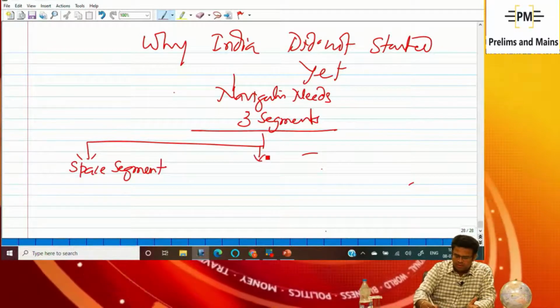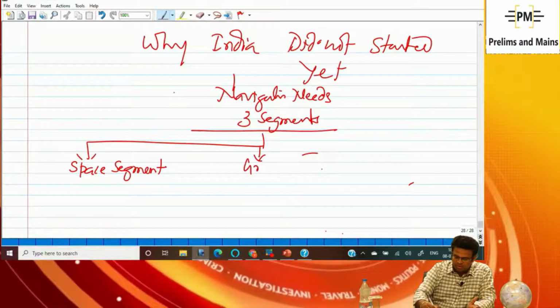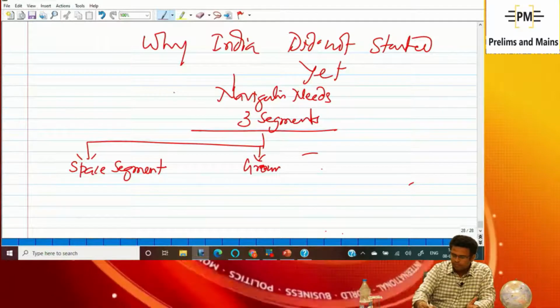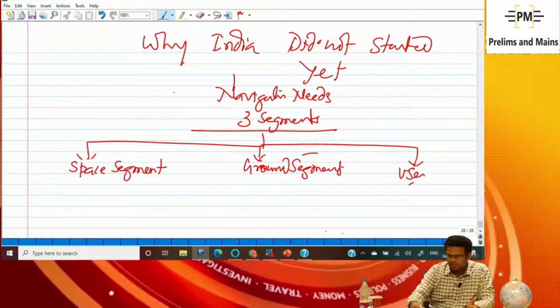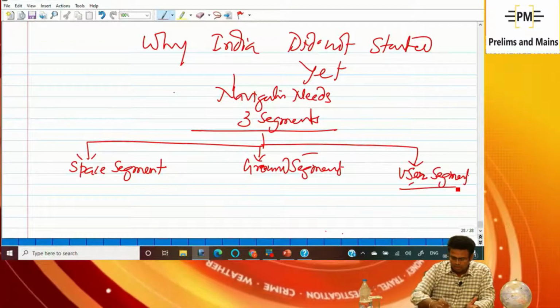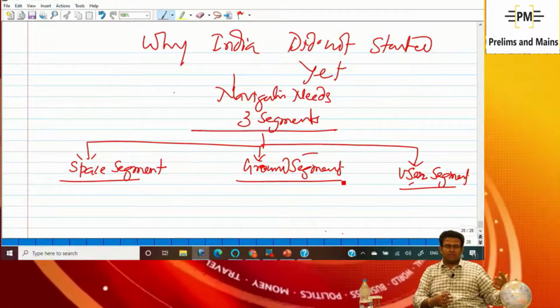Second, the ground segment. And third, the user segment, because the user has to get this facility ultimately.